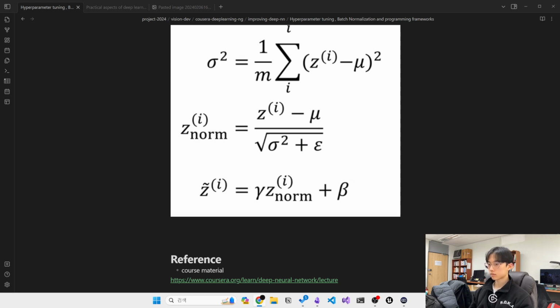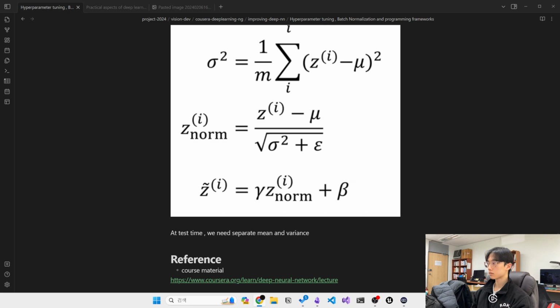And in typical implementations of batch norm, what you do is estimate this using an exponentially weighted average, where the average is across the mini batches.